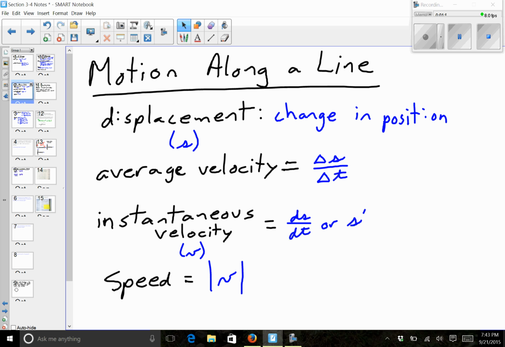And you'll hear instantaneous rate of change a lot with the discussions in this section. Velocity could be positive or negative. So when we actually speak about speed, it is the absolute value of our velocity. So if we want average speed, it's the absolute value of the change in displacement over change in time. Instantaneous speed is the absolute value of the derivative of displacement.